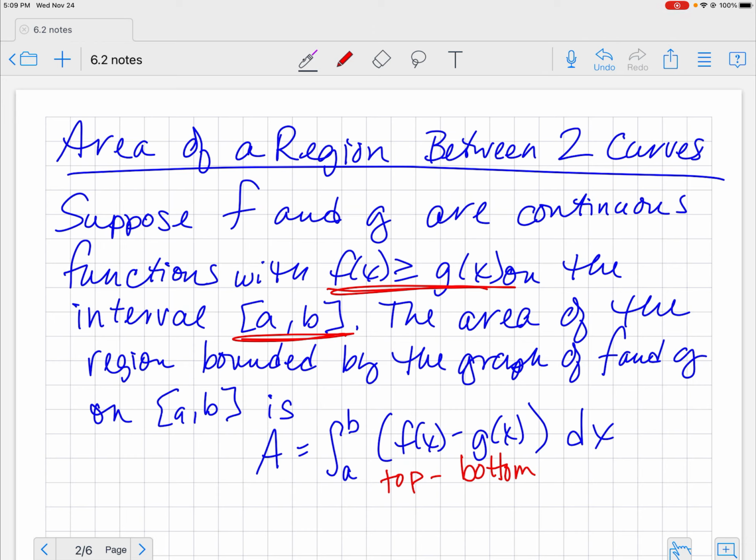That was the basics of integration when we did those Riemann sums. So here again, if I have two separate functions and I want to know what's between them, I'm just going to take the top one minus the bottom. Just that easy. All right? Cool. We're going to get right into that next.